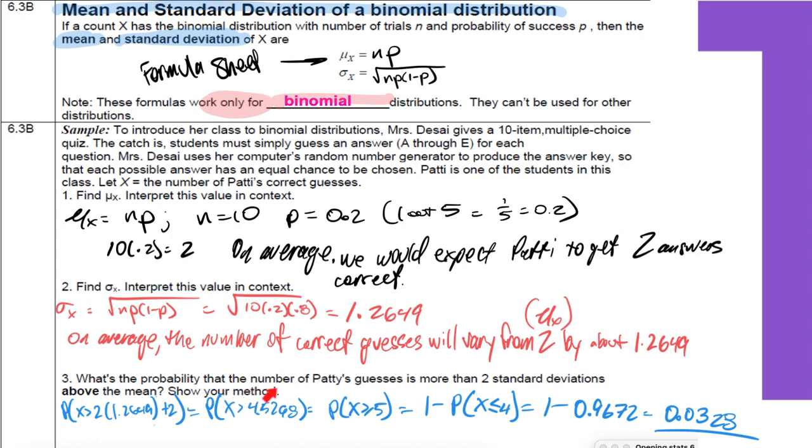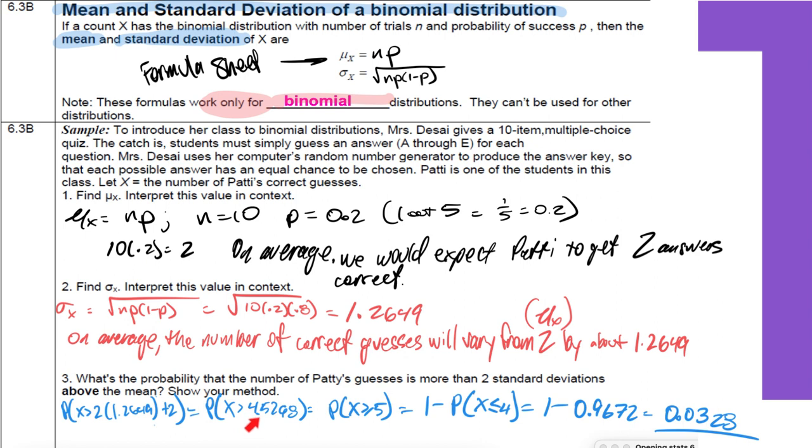Now, what's the probability that the number of Patty's guesses is more than 2 standard deviations above the mean? So what's the probability that her number of correct guesses is greater than the mean plus 2 times the standard deviation? That's where we're adding to the mean. That equals the probability X is greater than 4.5298, which is the same as asking the chances that she gets 5 or more right.